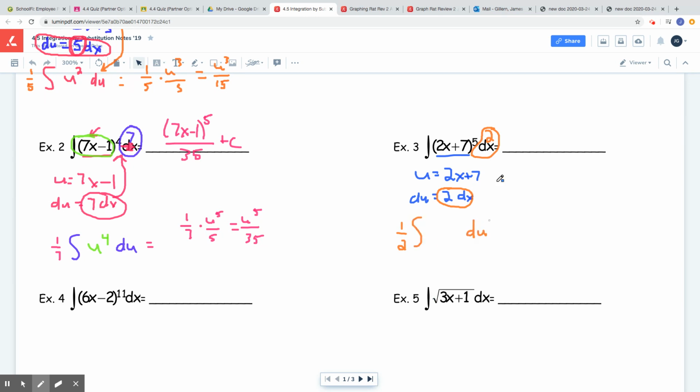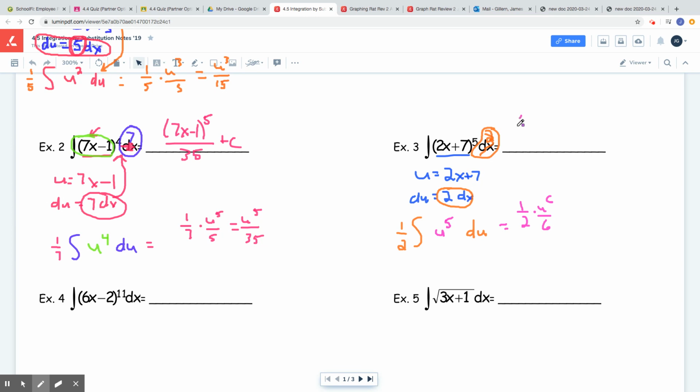So I'm going to have the integral. Now I replaced all of this with du. So what's left is 2x plus 7. Well, what's 2x plus 7? It's our u. So it's u to the 5th. So 1/2 integral u to the 5th du, and then integrate: 1/2 times u to the 6th over 6, plus c.